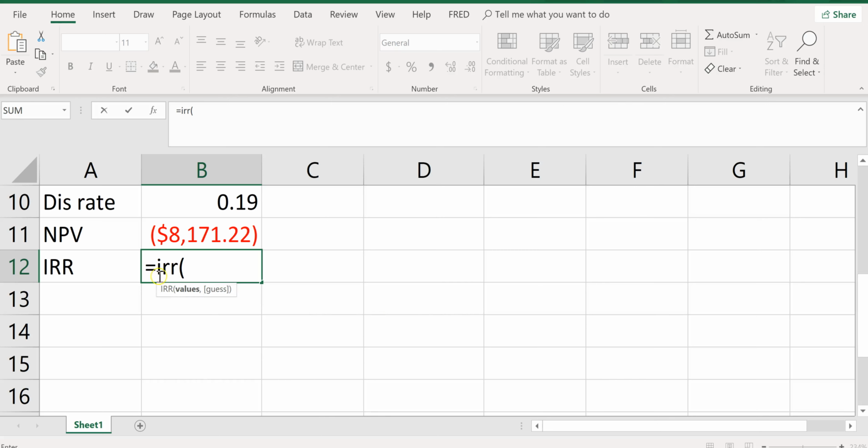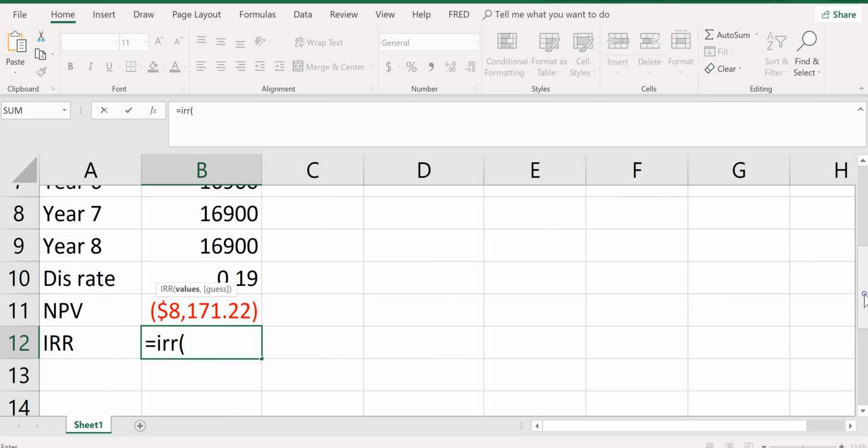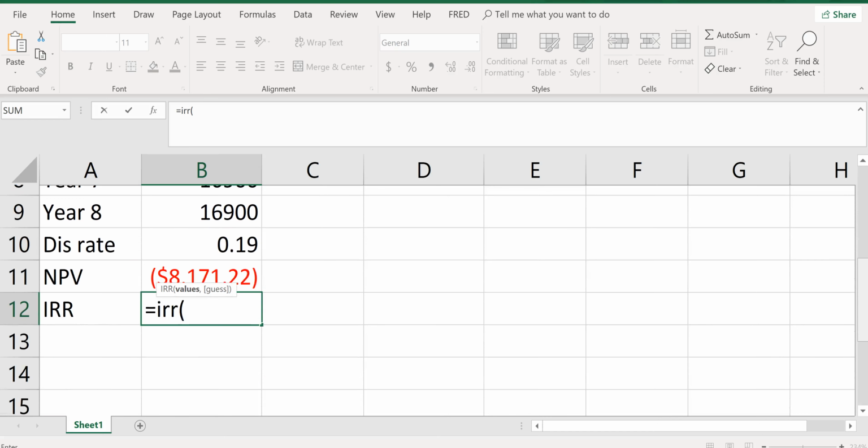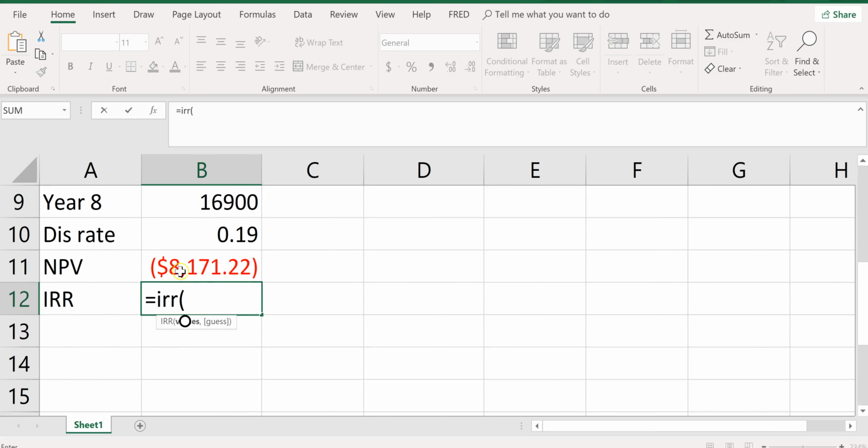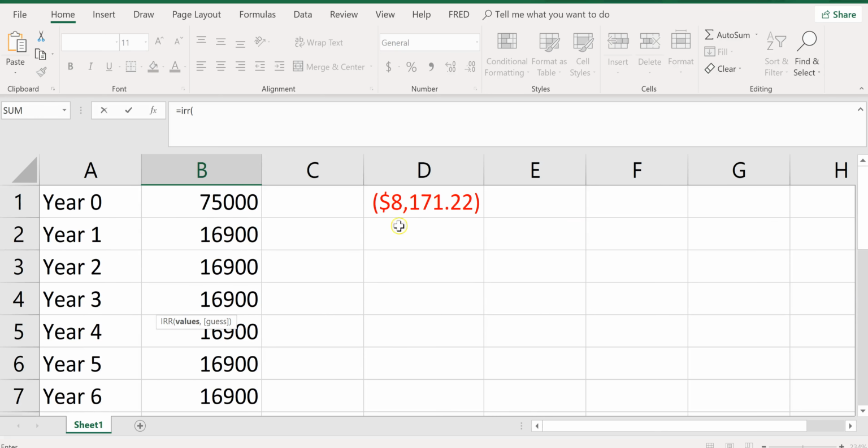The difference between the IRR function and the NPV function is that in the IRR function, the first argument is the initial cash outlay. That's unlike the NPV, because we said for NPV, the first cash flow is the cash flow at year 1. But for the IRR function, the first cash flow actually is the initial cash outlay.